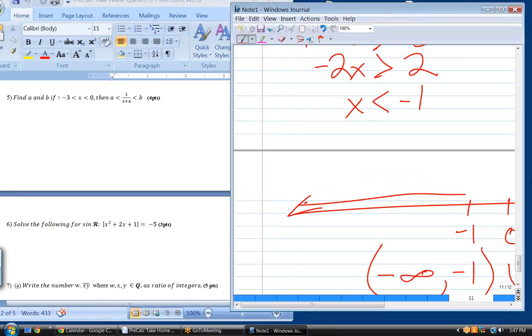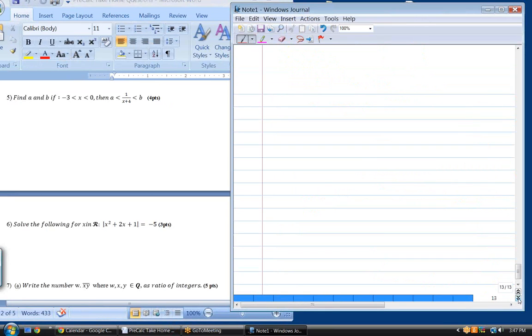Now, this one is a little tricky. Now, basically, what I want to do is turn this into something that has 1 over x plus 4 in the denominator, in the middle. In other words, when you have an inequality thing like this, I can use the same principles as I use with algebra. I can add any number I want to all 3 parts.